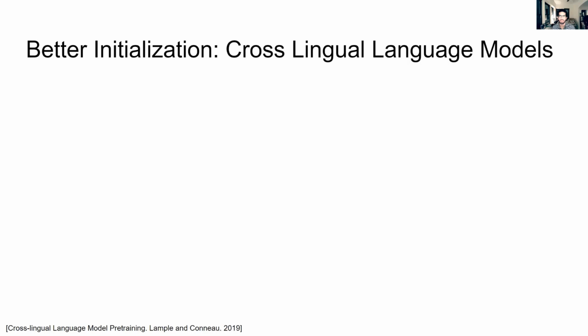Earlier we saw that you have monolingual corpora, you train word embeddings and align them, and you only initialize the word embeddings of your encoder-decoder using those embeddings. But what these papers do is use a language model to initialize the entire encoder and decoder instead of just the embeddings.